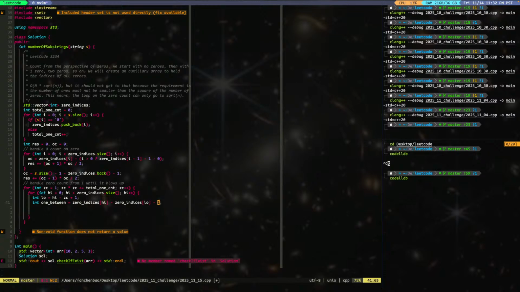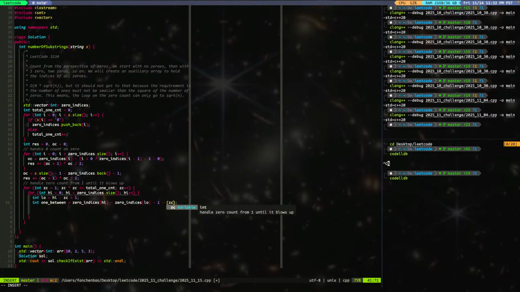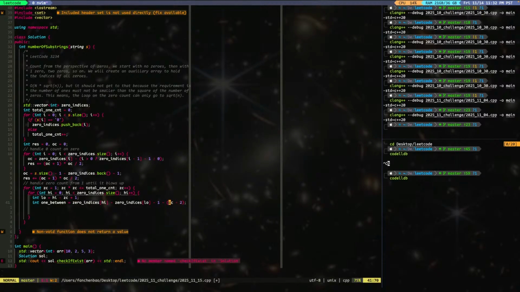So this is the total number in between, right? And then I need to minus the 0 count, right? So the 0 count, but the 0 count including the two things, so I need to minus 2. So in total, it should be minus this plus 2, which means we're gonna plus 1.